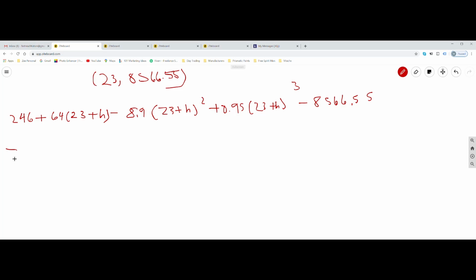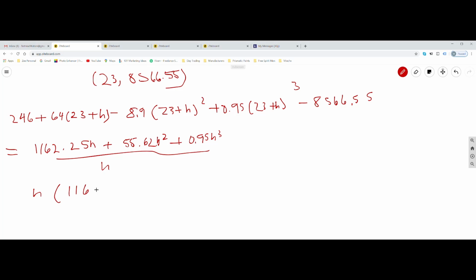So when you actually do this out, you are left with at the end 1162.25h plus 5.562h squared plus 0.95h over h, and you substitute out the h, you're left with 1162.25 plus 55.62h plus 0.95h squared.